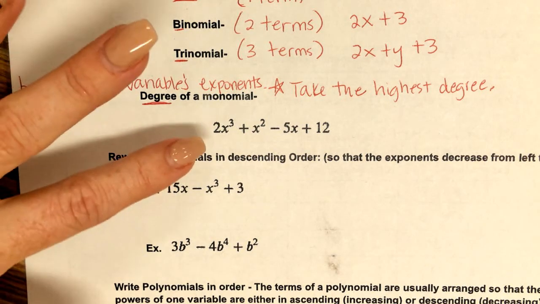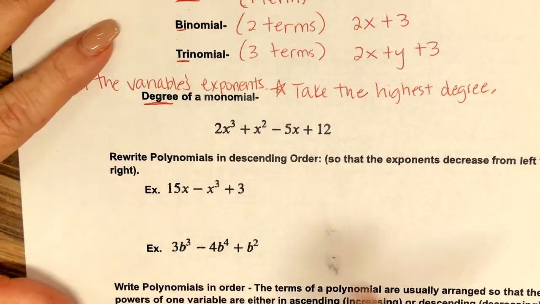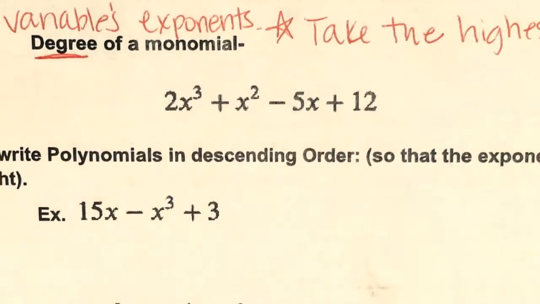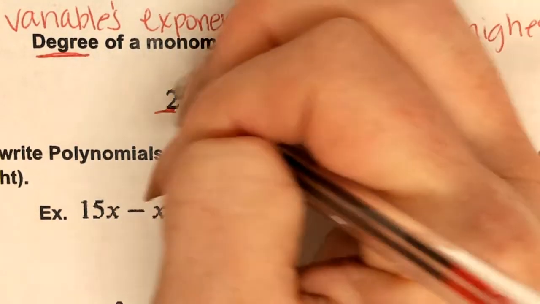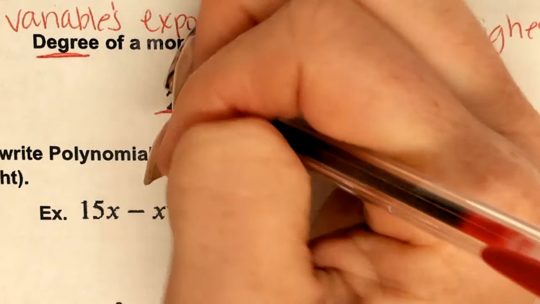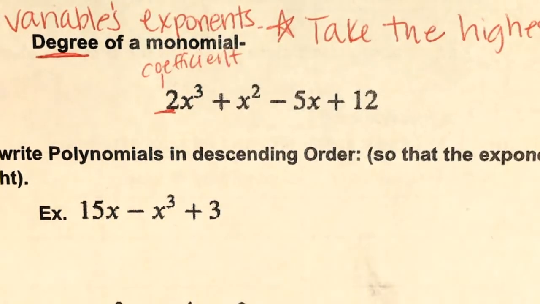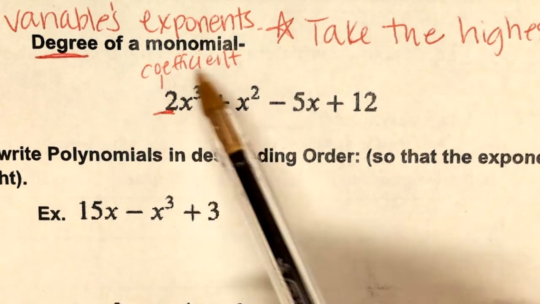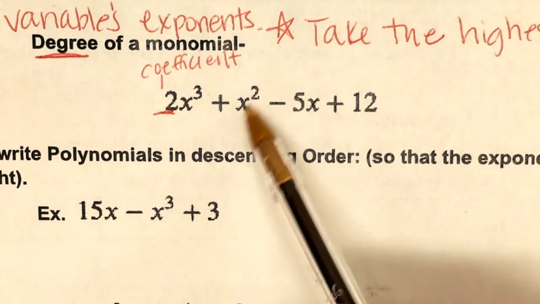Now, I'm going to end up changing one of these just so y'all can see it as a little bit of a harder problem, but look at this problem right here. Don't look at the coefficient. This is a what? That's a coefficient. You don't look at the coefficient. Only look at the variable's exponents. So what is this term's power? 3. What is this term's power?